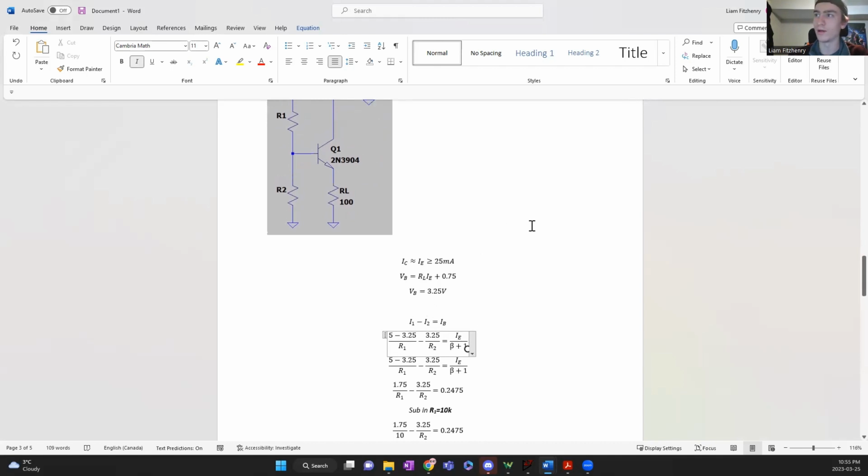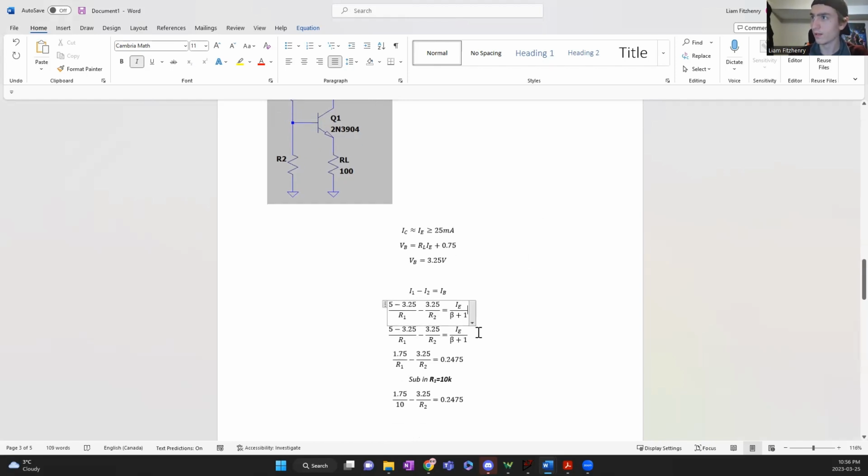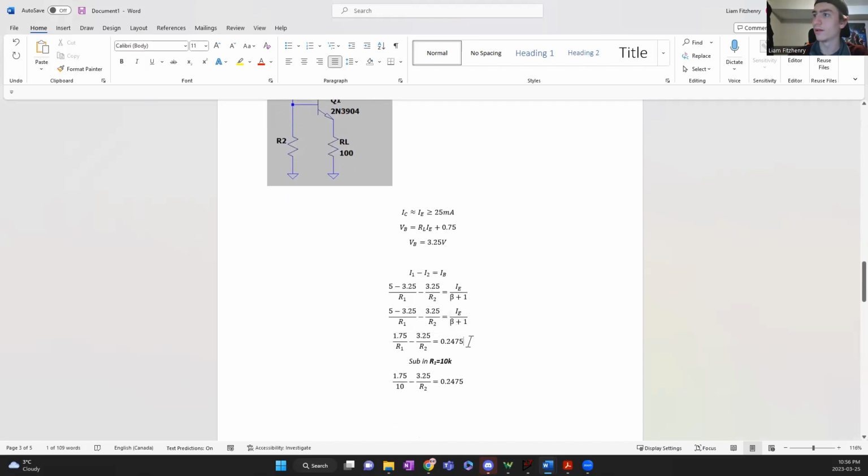Like we say, IC is beta IB, then we can say that IE is beta plus 1 times IB, therefore IB is IE over beta plus 1. And we're just going to simplify this side of the equation a little bit to get that 1.75 over R1 minus 3.25 over R2 is equal to this number here. So this is just subbing in our beta equals 100 again over here, and our IE is 25 milliamps.